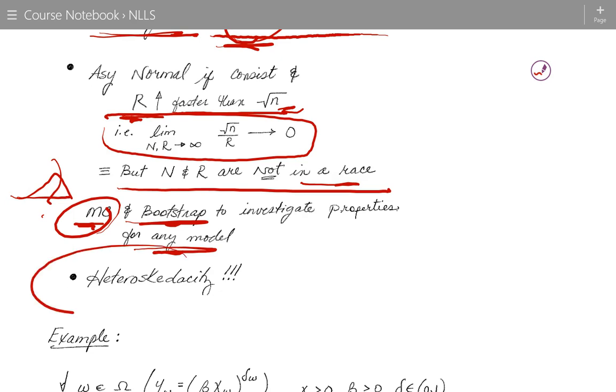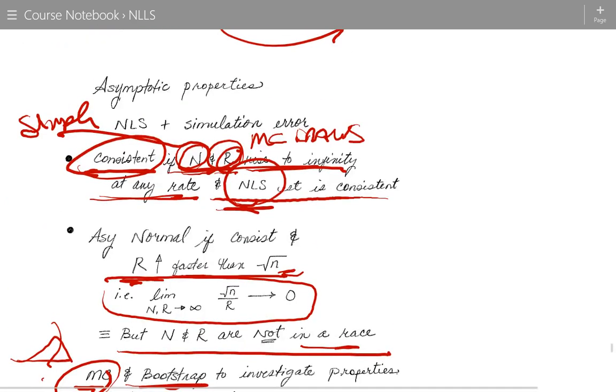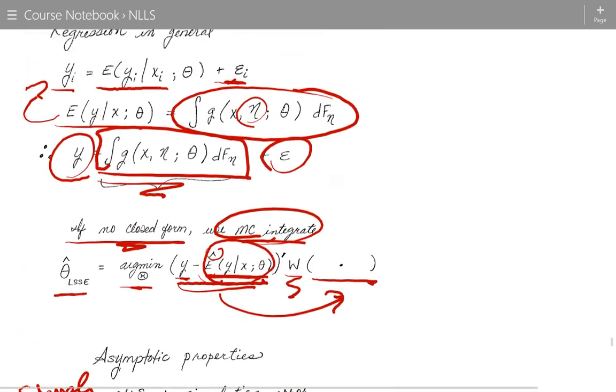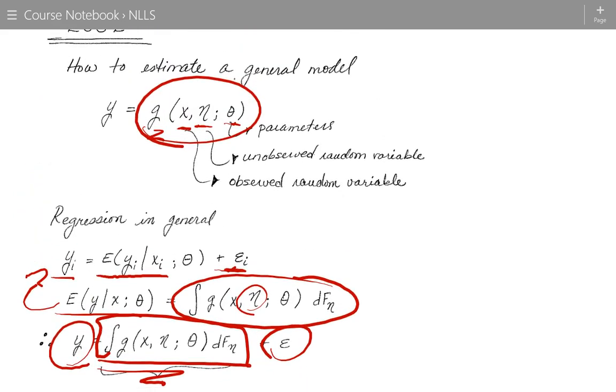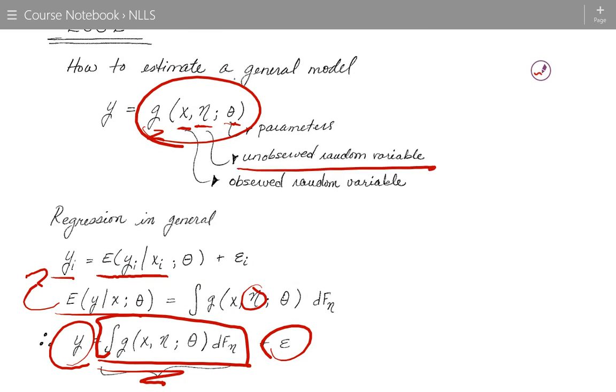Also, you got to remember something about heteroscedasticity. You may specify that eta, which is an unobserved random variable, is homoscedastic. It has the same variance for all the observations in the data set.